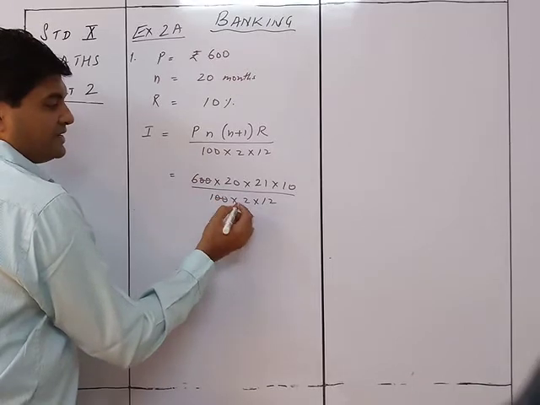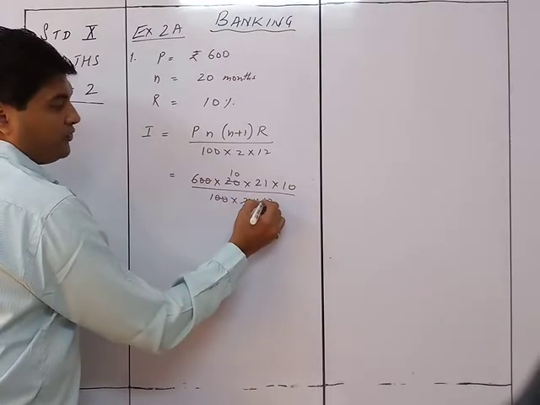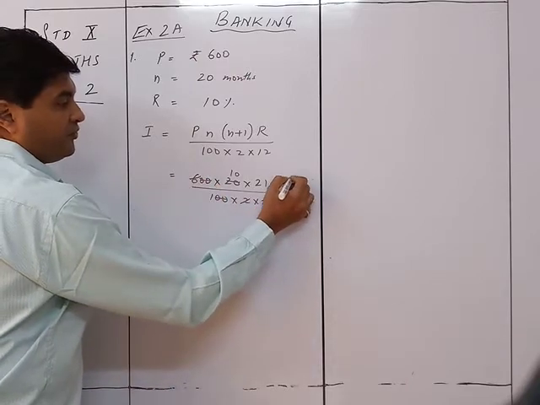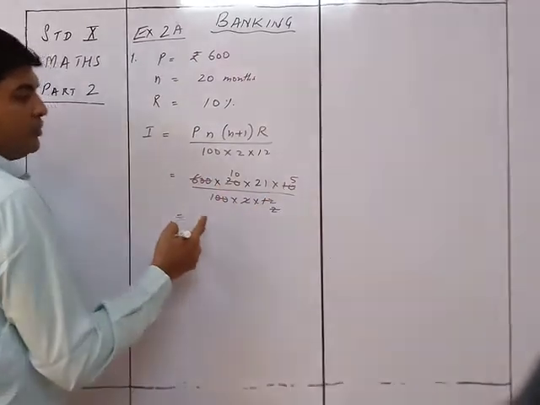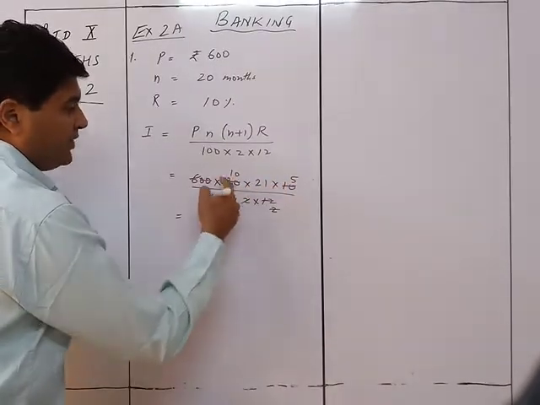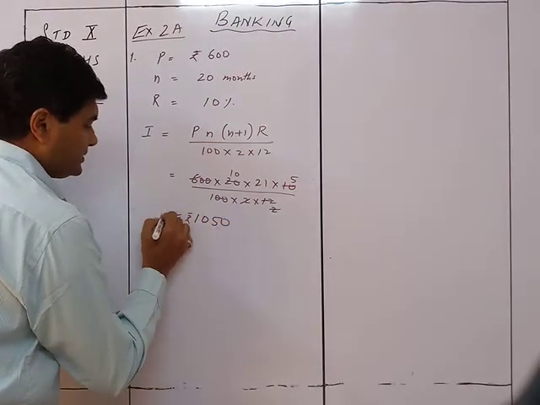The 0 gets cancelled, the 2s cancel, the 10s cancel, and so on. So that gives 1050 as the interest.